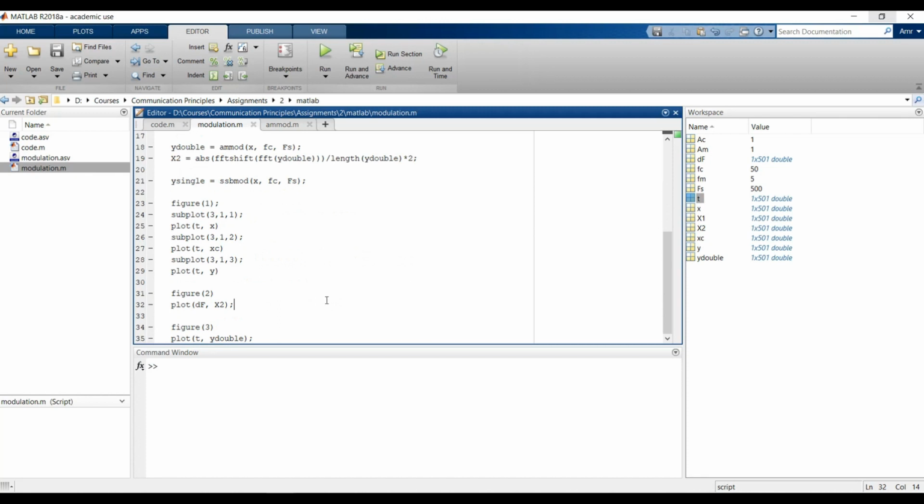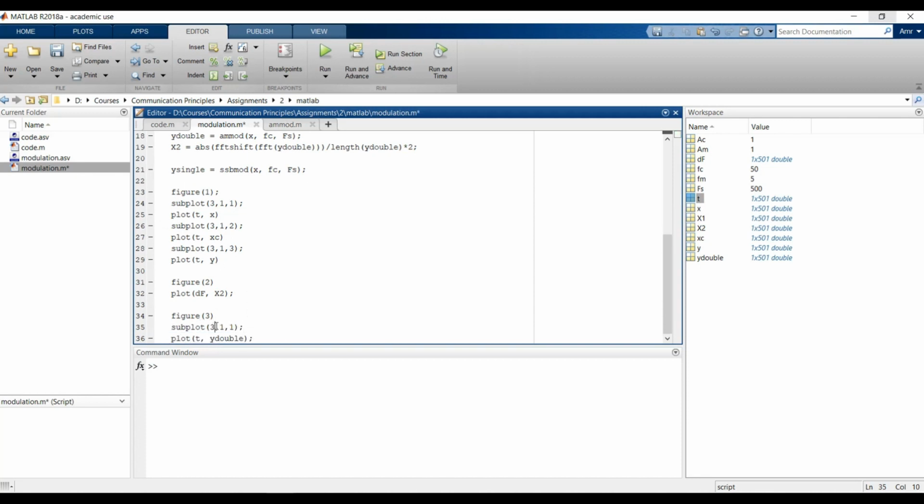And I'd like to plot that as well. Subplot of 2, and then here, this one is Y single.